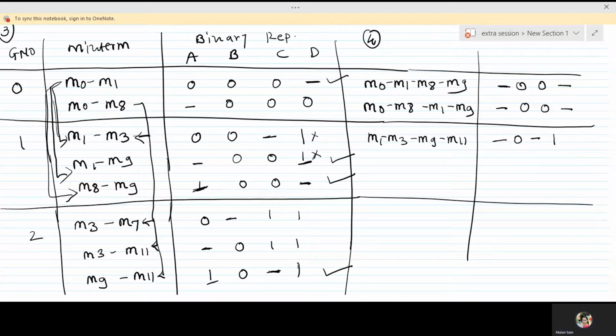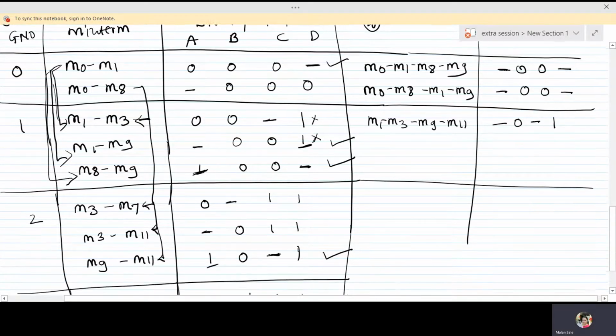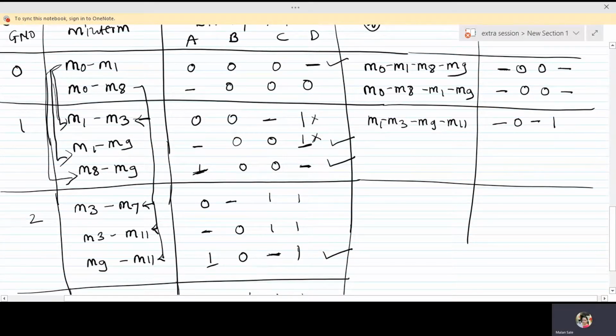Now compare these with all the minterms of the second group. Now M1, M9 can be compared and grouped together with M3, M11, and the bits are changing as dash 0 dash 1.